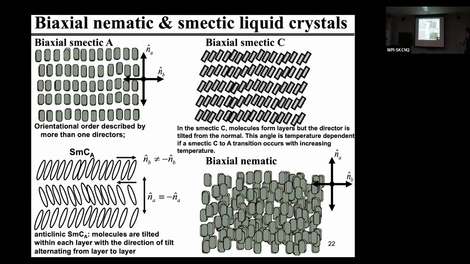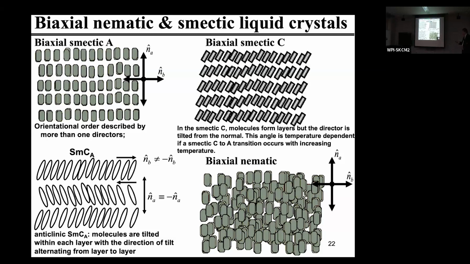And in these two cases, the smectic C that I showed you before and smectic A that is made out of brick-like molecules, right? We have biaxial properties. So the orientational ordering can be defined along multiple axes, just like in the case of biaxial nematic we looked at earlier, right?